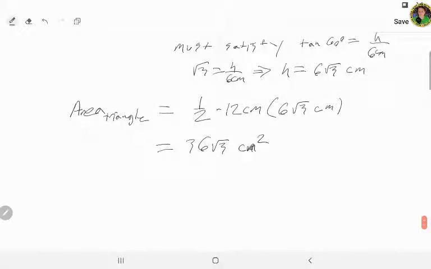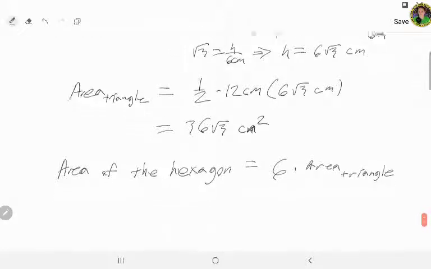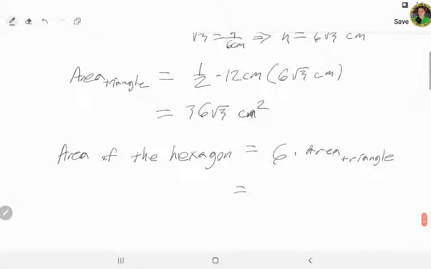So now that we've got that, we know that the area of the whole hexagon is going to end up being 6 times the area of the triangle, and so we end up getting 6 times 36 is 180 plus 36 is 216 radical 3.